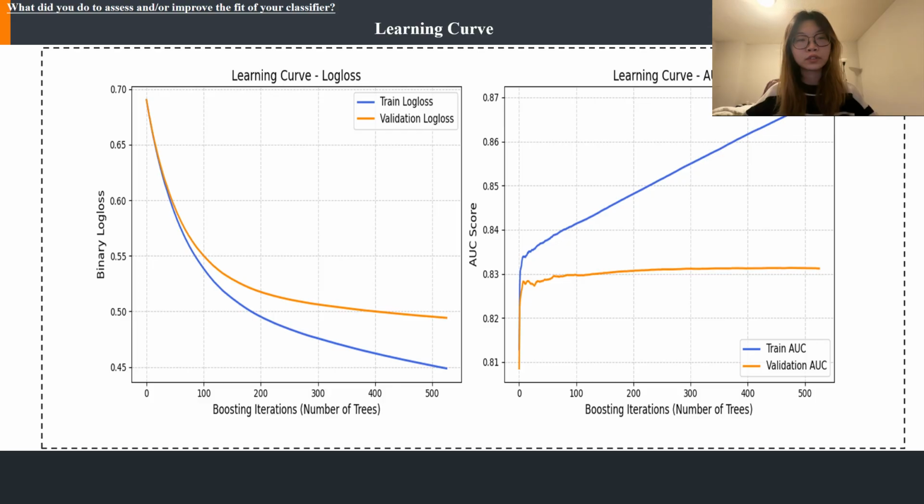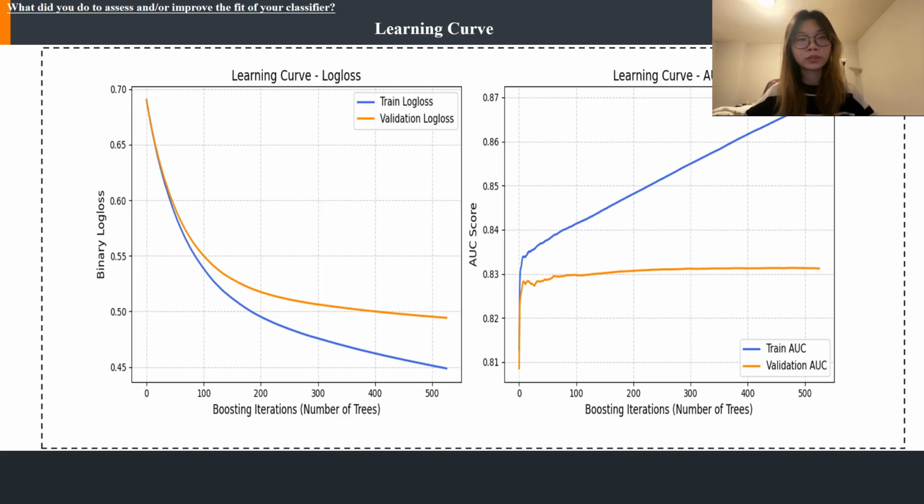The learning curves from our retrained model confirm the effectiveness of this approach. As shown in the left chart, training log loss steadily decreases while validation log loss stabilizes after around 250 iterations, indicating no severe overfitting.